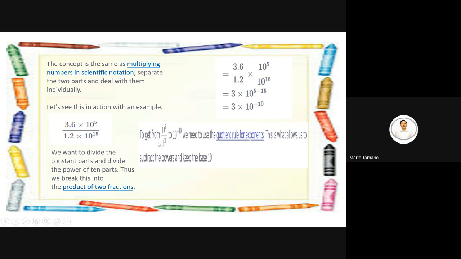To get from 10 to the 5th over 10 to the 15 to 10 to the negative 10, you will use the quotient rule for exponent. This is what allows us to subtract the powers and keep the base 10. Okay po.